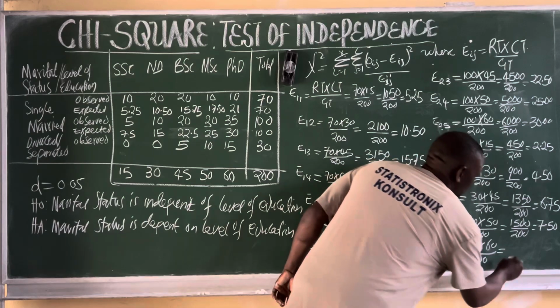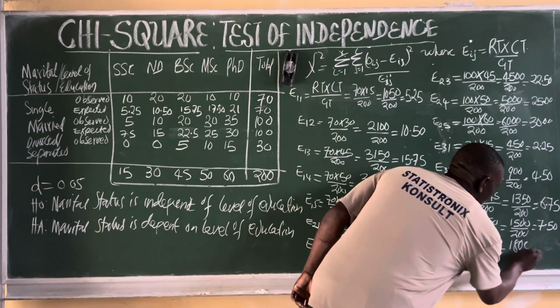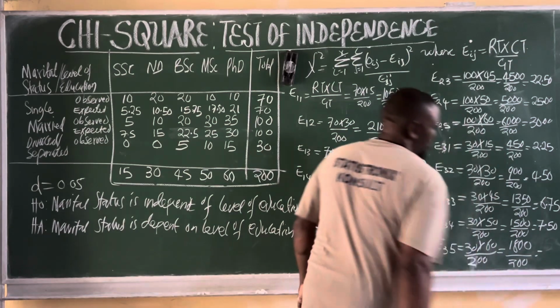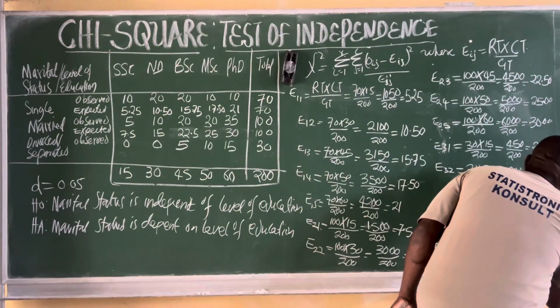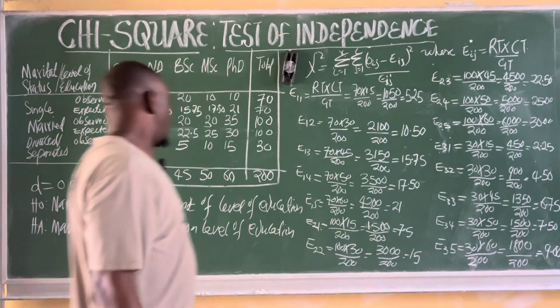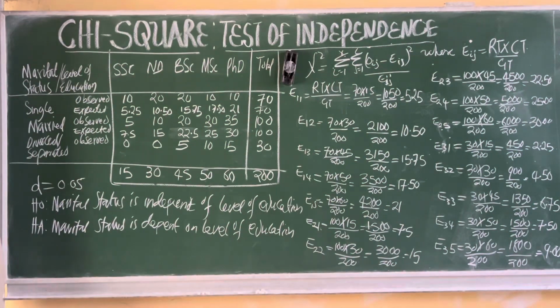That will be equal to 1,800 divided by 200, which is equal to 9.00.